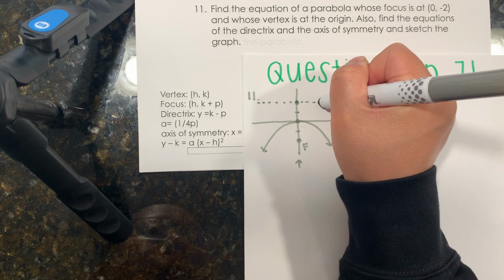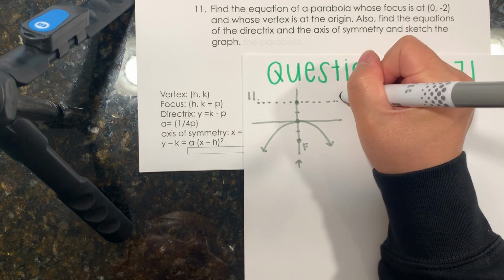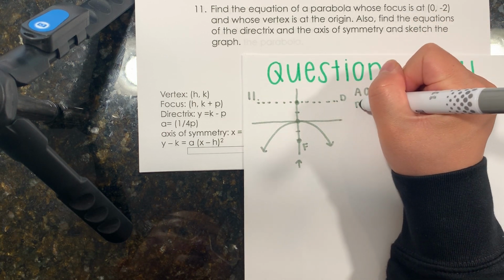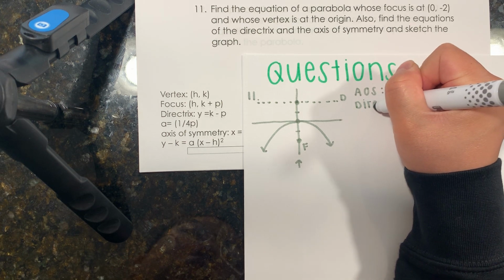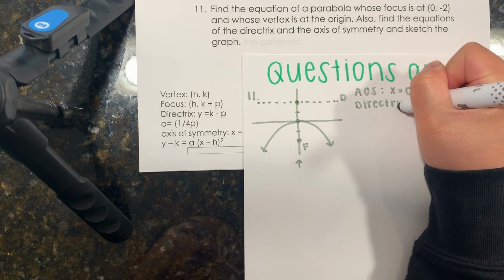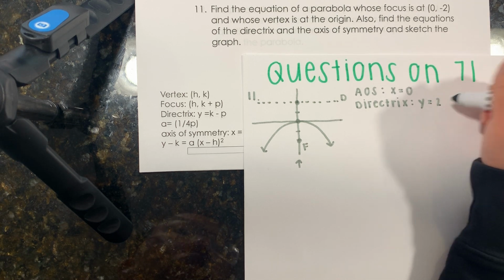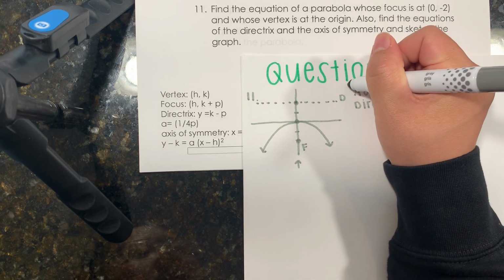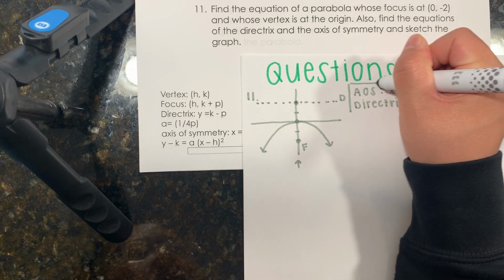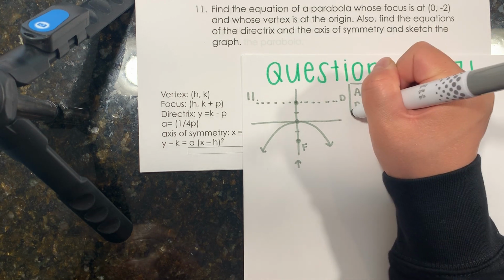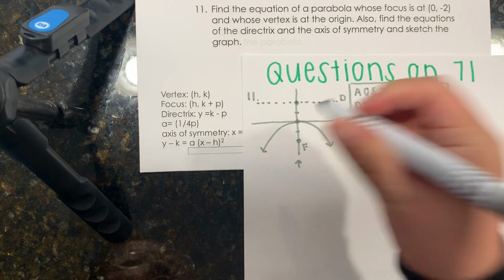That's going to be your directrix. So my directrix is crossing the y-axis at +2. So far we have our axis of symmetry, we have our directrix, and we actually have our sketch.